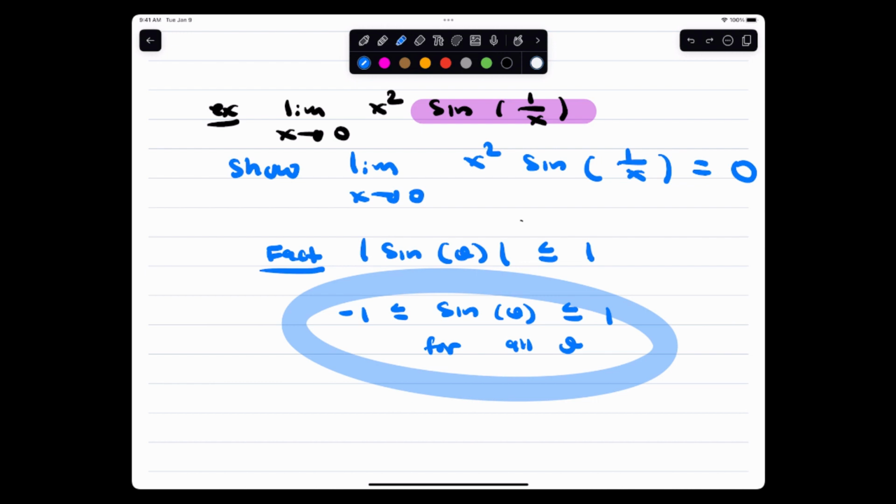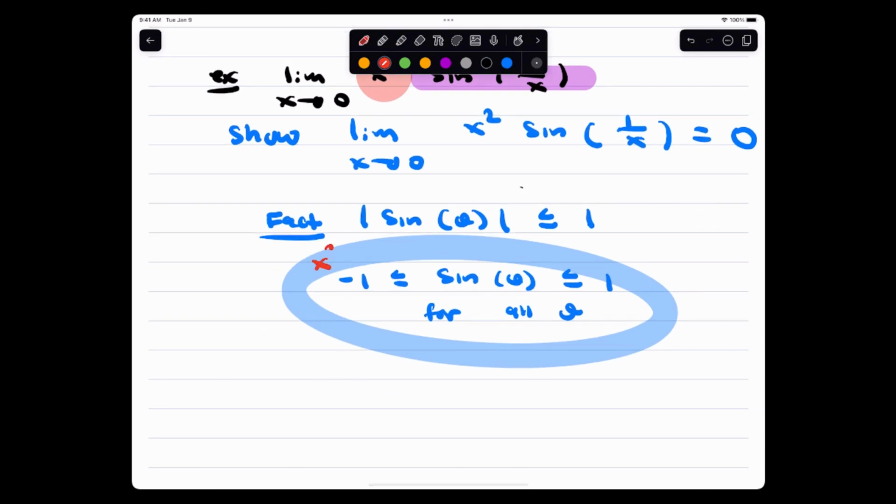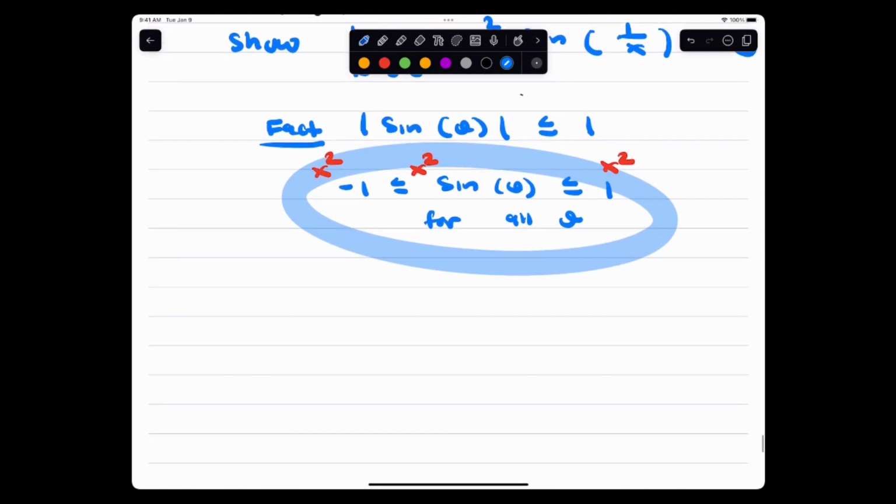Now what I'm going to do here is take that x squared term and multiply the left, the middle, and the right by what? x squared. And what do you end up with? Negative x squared less than or equal to x squared sine of any theta value, which is less than or equal to x squared.